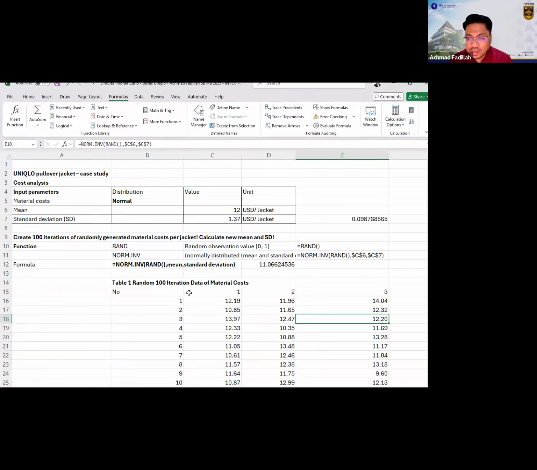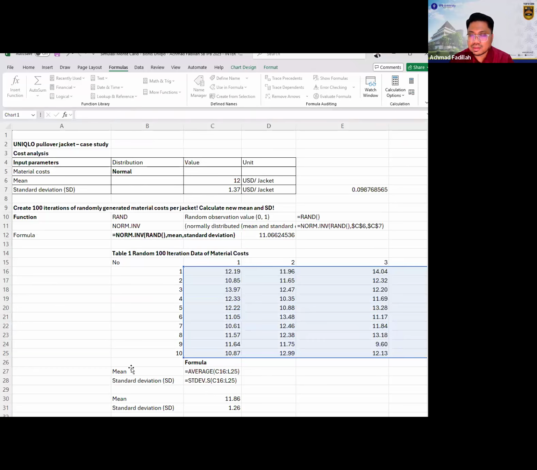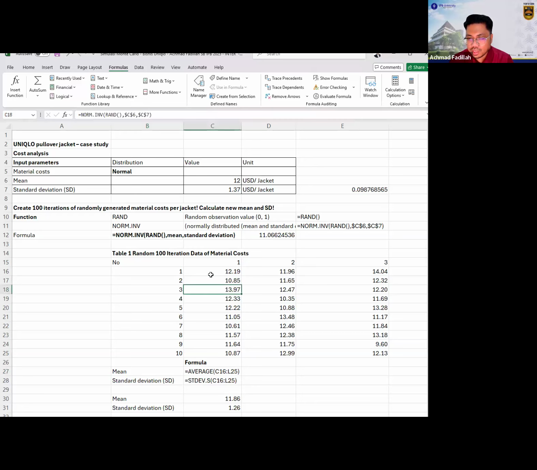Okay, then the second question: you need to calculate the new mean and standard deviation for every situation. Wait a minute, I need to move the graph first. Okay, here. So you need to calculate the mean and new standard deviation based on the iteration of the data.